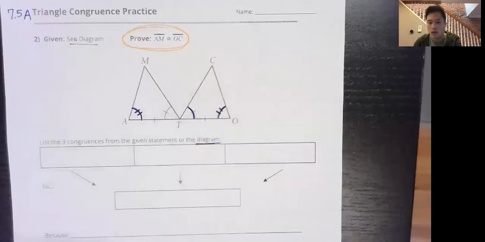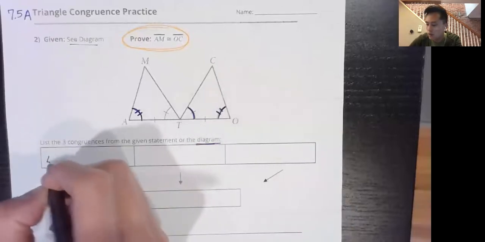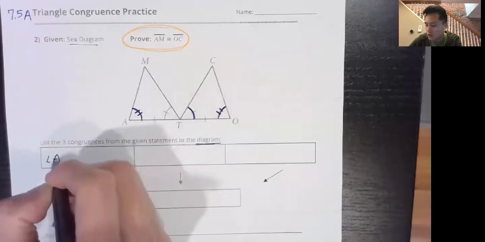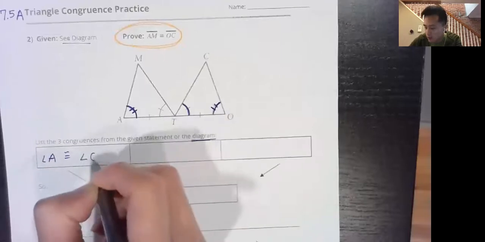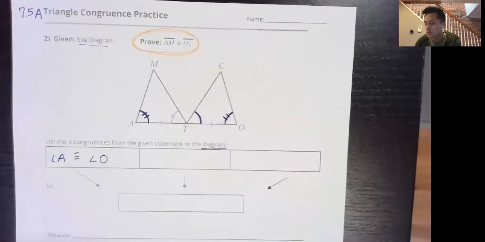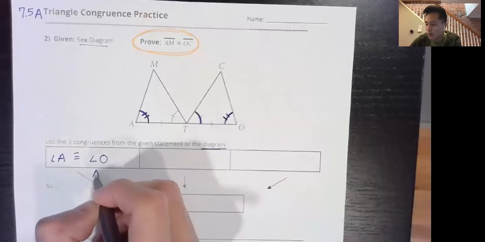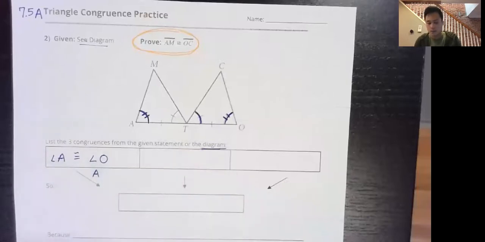So I can say angle A is congruent to angle O. Okay, we have an angle. I'm going to put A for angle down here.